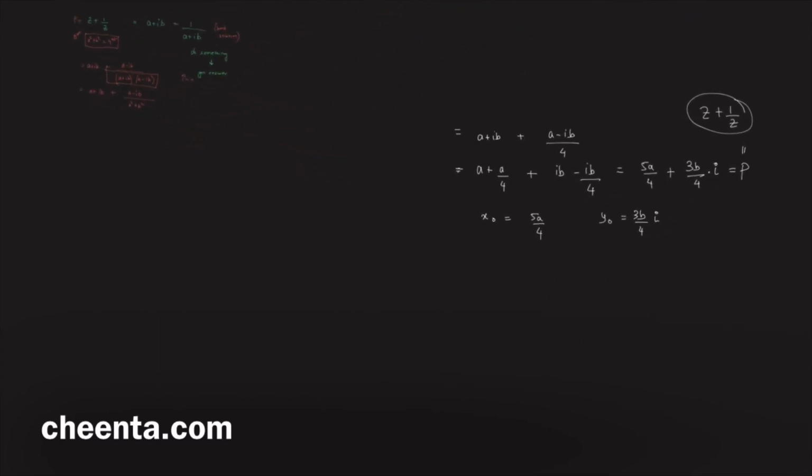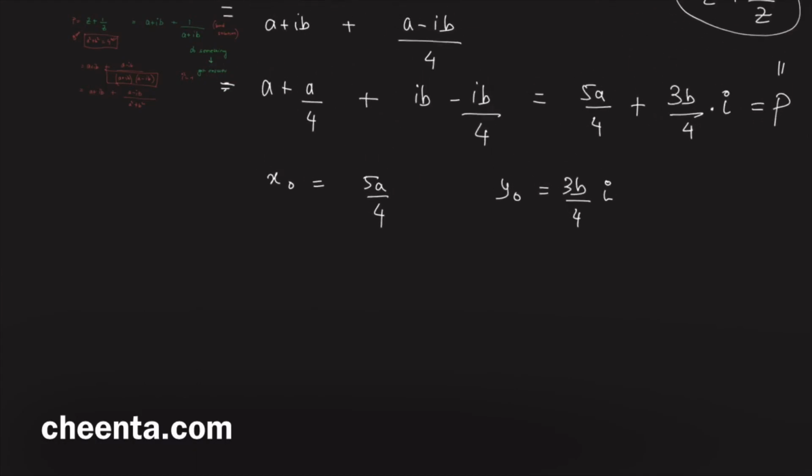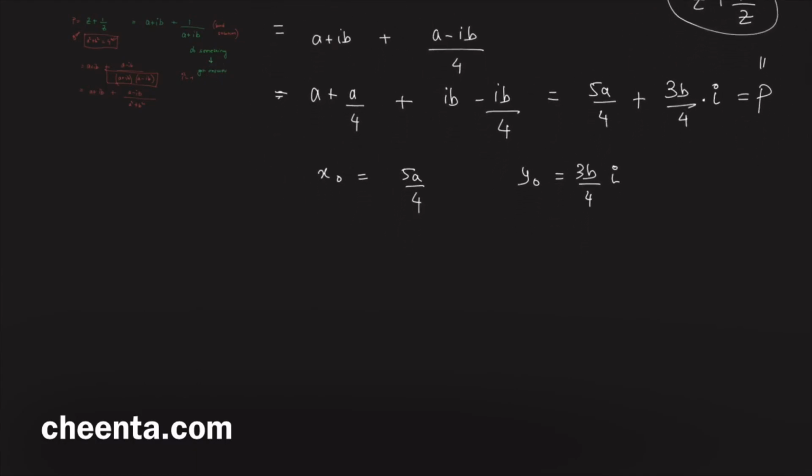Maybe we can make it smaller and keep this here. So what we can do is write a is equal to 4x naught by 5 and b is equal to, oh actually I made a mistake here. I shouldn't write i, because obviously the y coordinate is just 3b over 4, so that's fine.